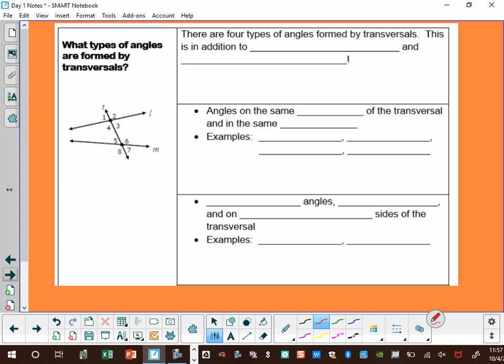This is in addition to linear pair and vertical angles. We know a linear pair are 2 angles that add up to 180, they're side by side. Vertical angles are congruent, so they're equal to each other.